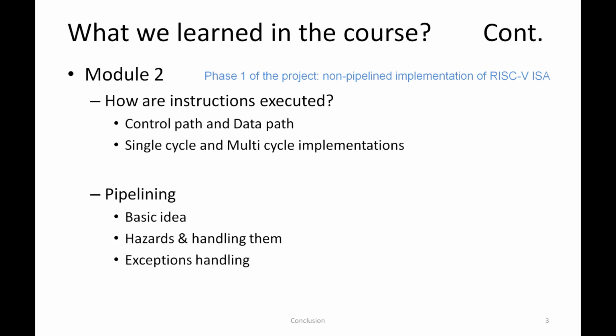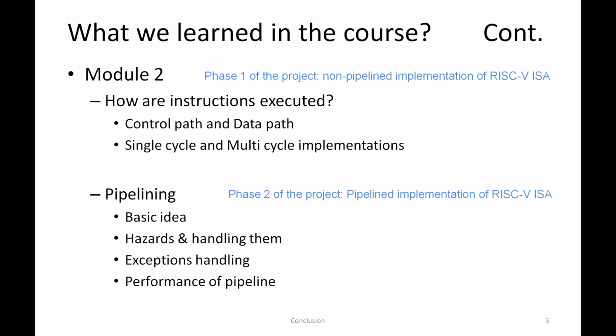Following that, we had a couple of discussions on what exceptions are and how to handle exceptions in the pipeline. And then we also had a discussion on how to measure the performance of a computer which has a pipeline implementation in it.